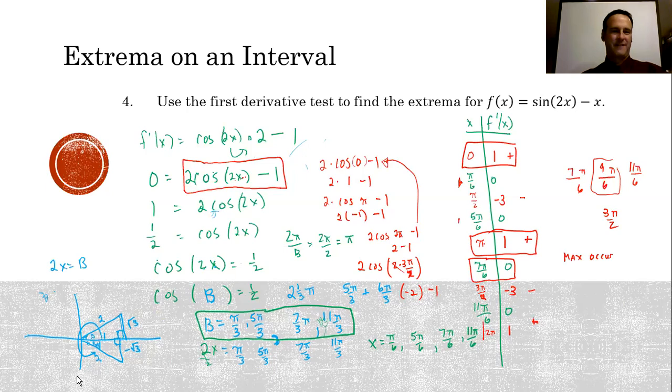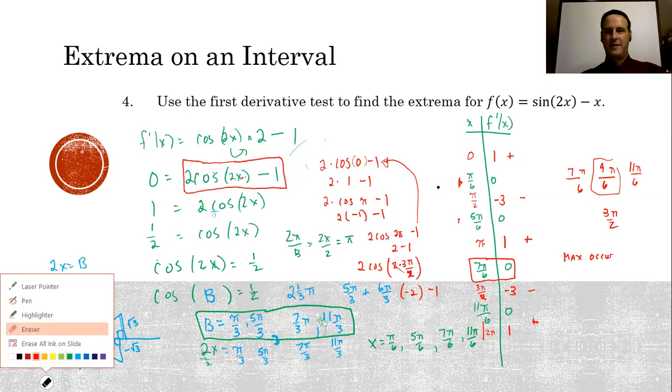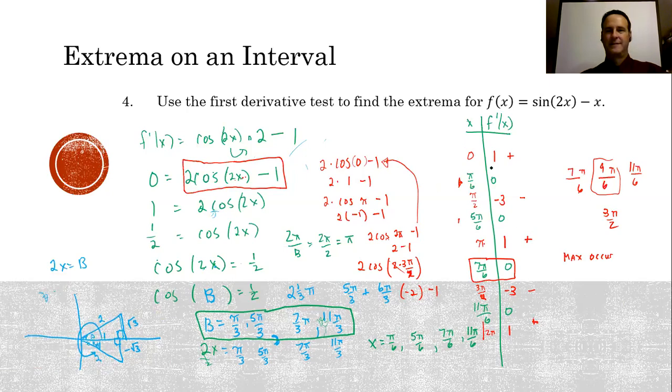Let me do this. There's 1. There's 2. Okay.